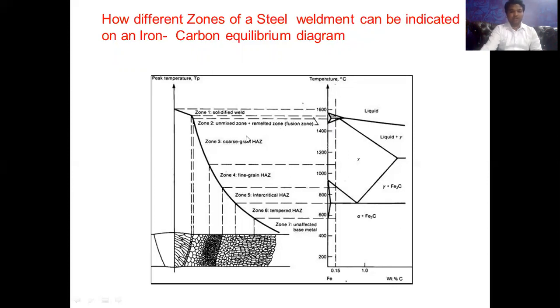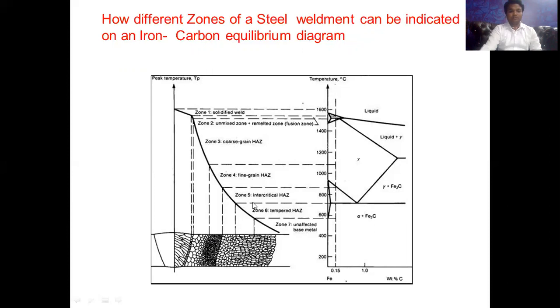The next zone we have is zone 3, next to zone 2 in the diagram. This is called the coarse grain HAZ. The HAZ is divided into 4 different zones. That is the coarse grain zone. Next to the coarse grain zone, we have the fine grain zone.